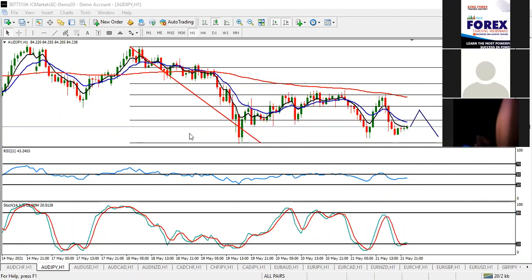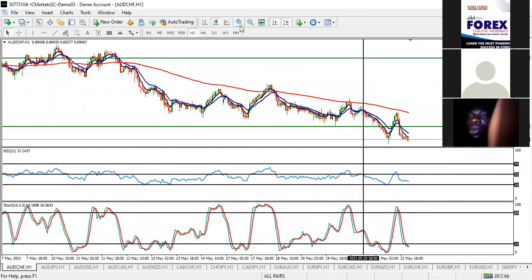Do you understand how to use Fibonacci retracement very well? Okay, somebody said the starting point of the fib is not clear. Okay, let me try to make it clearer. Let's go back to AUD Swiss franc.